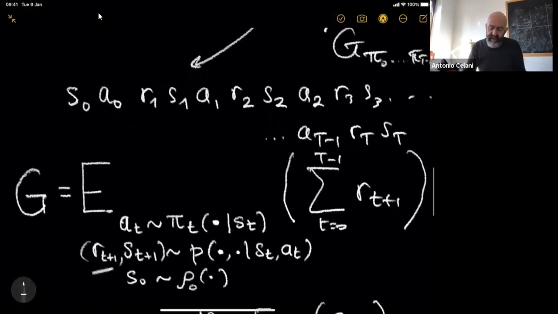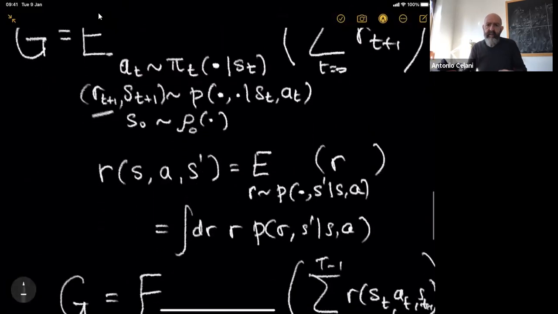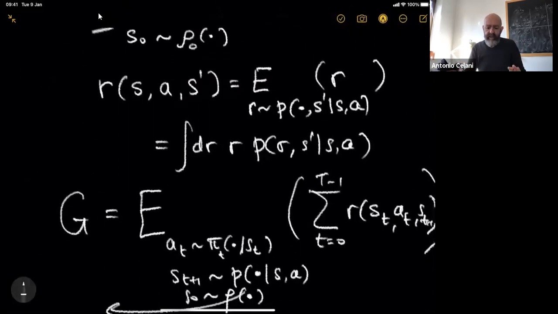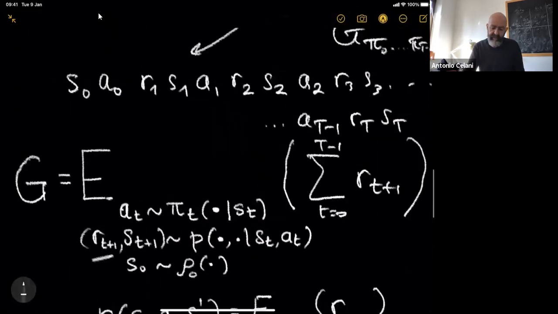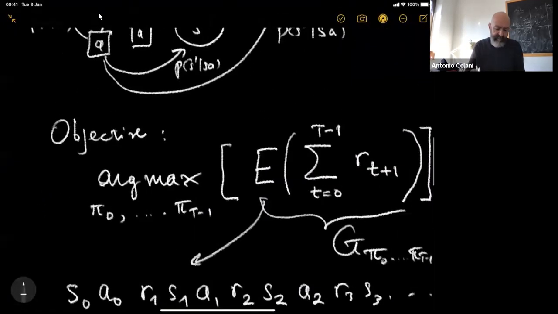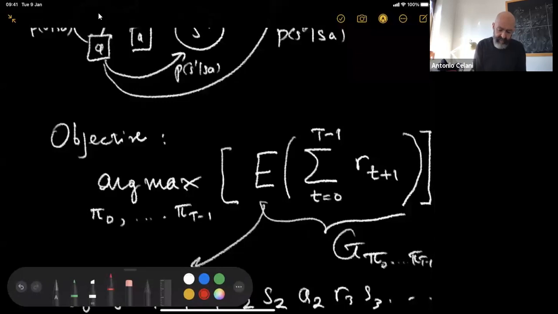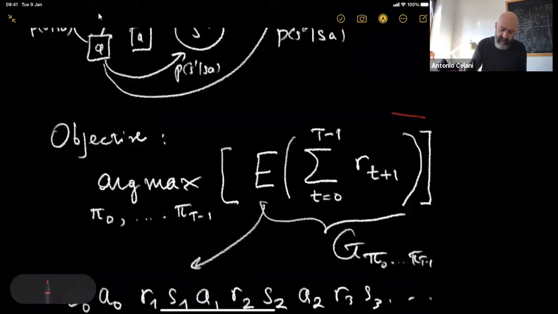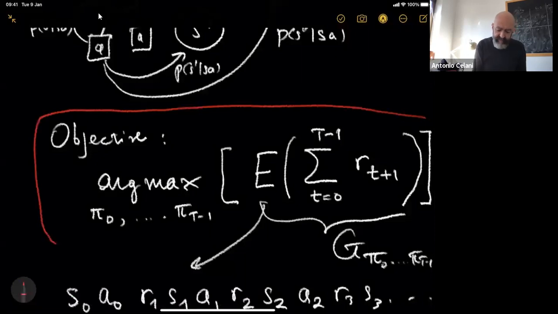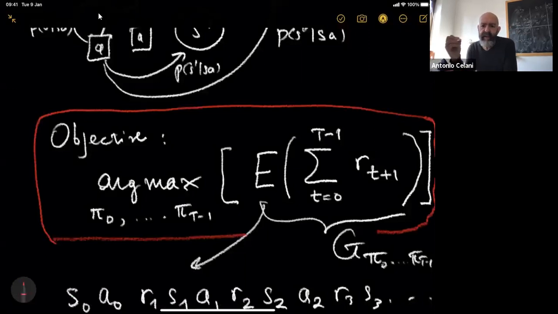We will now slowly set the stage to understand how to solve this problem. The goal for today is to solve this. What do I mean by solving? Solving here means finding an algorithm that, for whatever choice of your model, that is for whatever choice of the distribution P, identifies the sequence of decisions that have to be made.